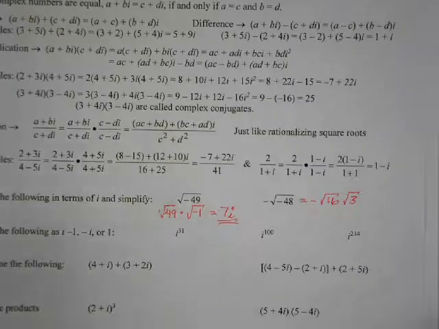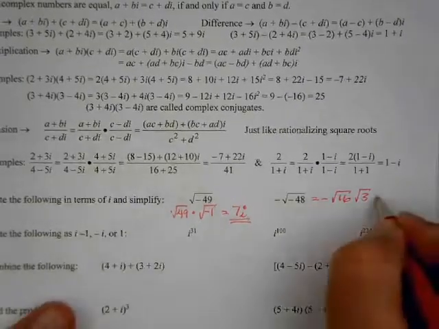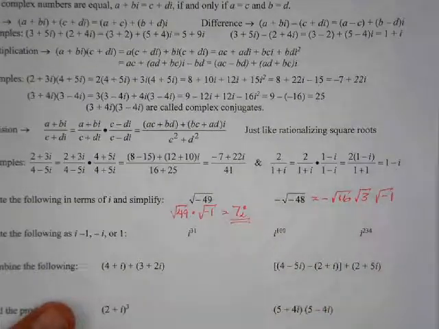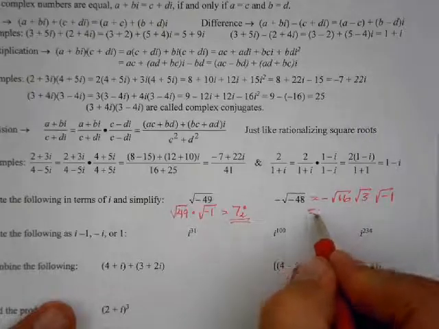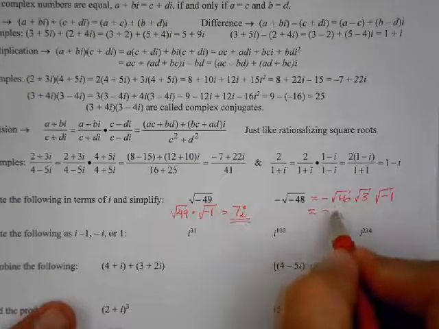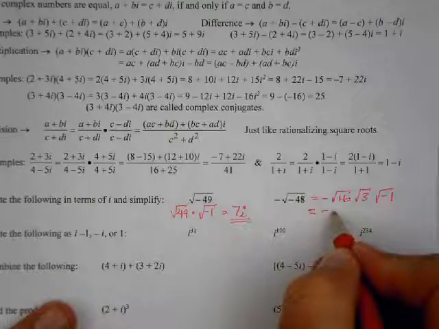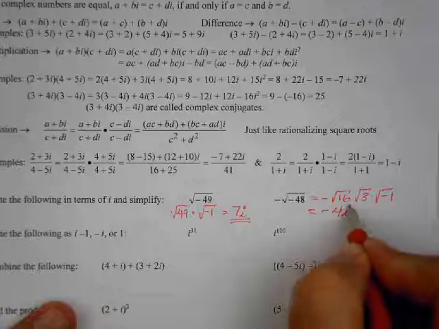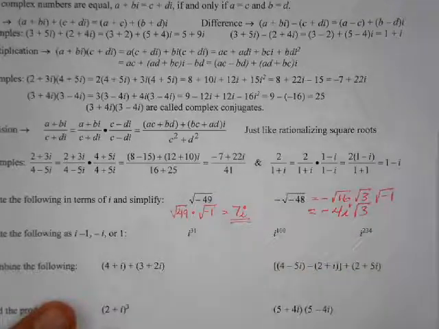And so I have the 16 and the 3. And then, of course, I have the negative 1. So that'll give me 4. The negative sign out front stays there. It doesn't go away, and it doesn't go inside. And then I have i and the square root of 3. Now you might say, well, why didn't you write the i last?